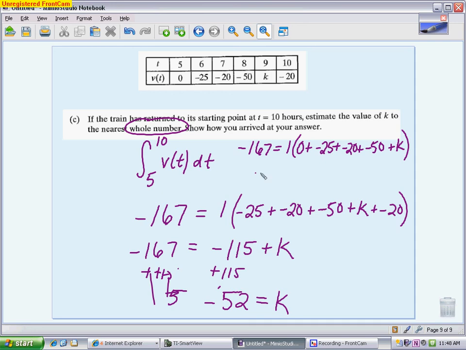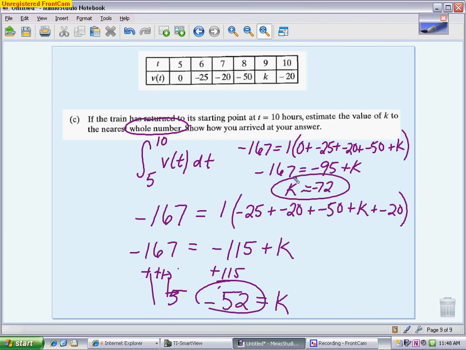And when you do this, you get negative 167 equals negative 95 plus k. And you add 95 to both sides, you get k could be approximately negative 72. So you're looking at these two different values of k.